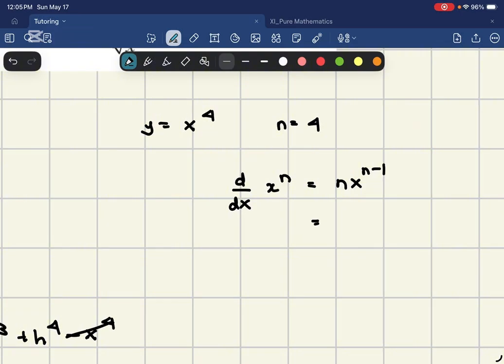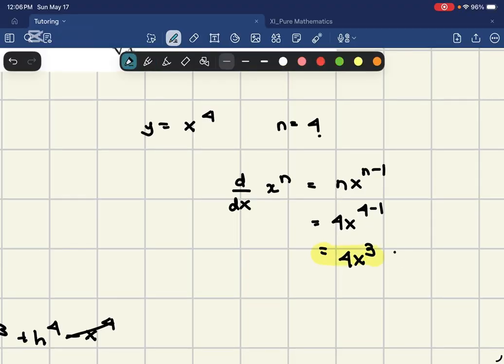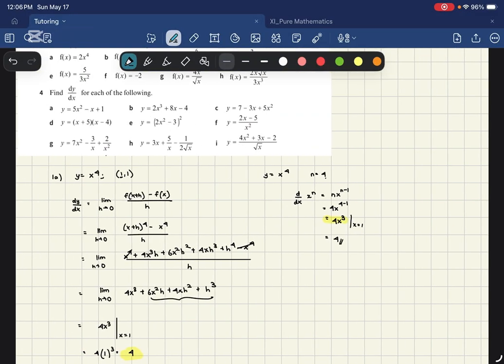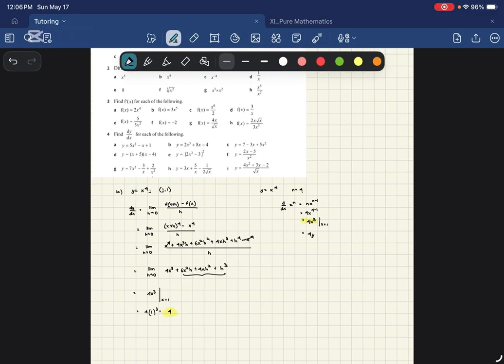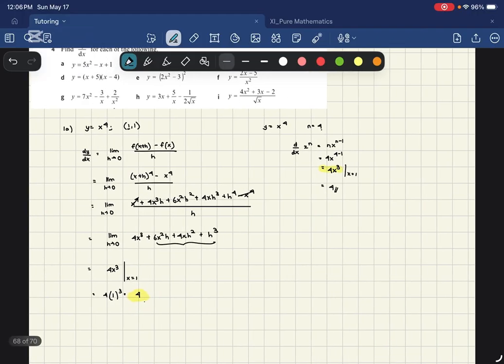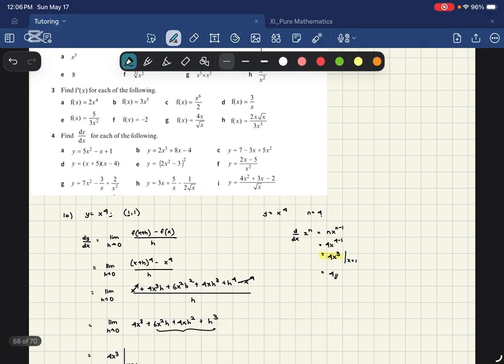So instead of n, we can substitute 4. 4 x to the power 4 minus 1, 4x cubed. So that is going to be your solution. And then you just substitute 1 here. x is equal to 1. So therefore, you get 4. So using the formula is much quicker, but this is how you get the answer by using the definition. And the formula actually comes from the definition. All right, so we're done with A.